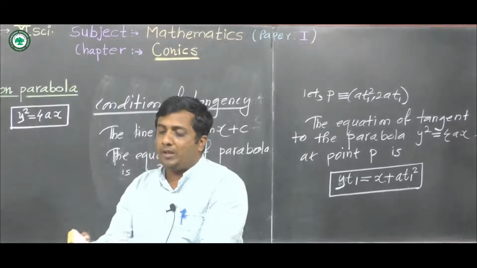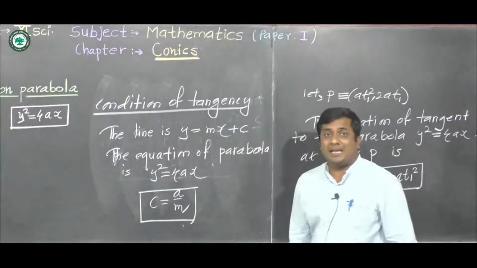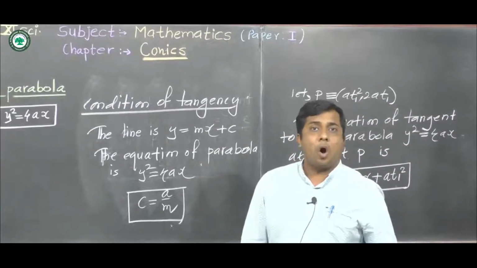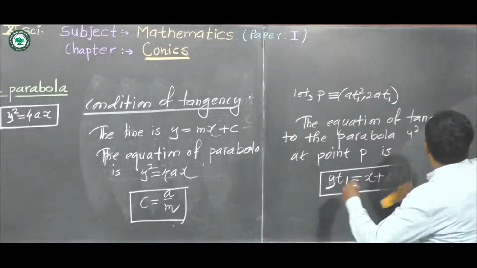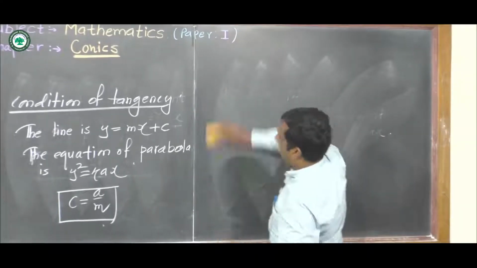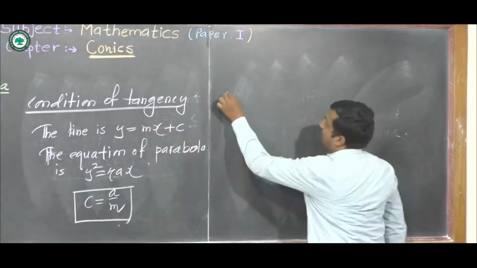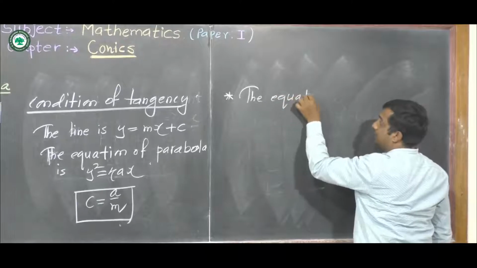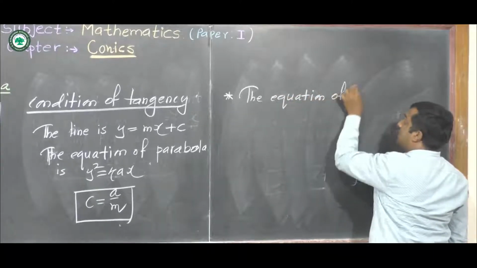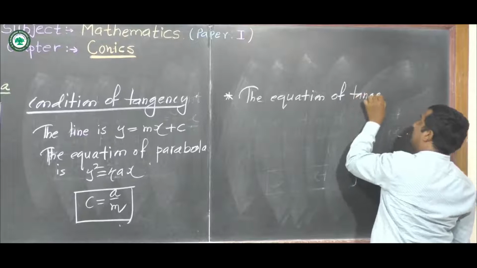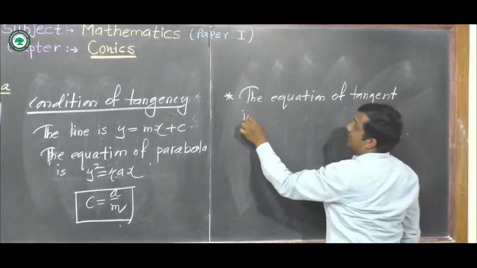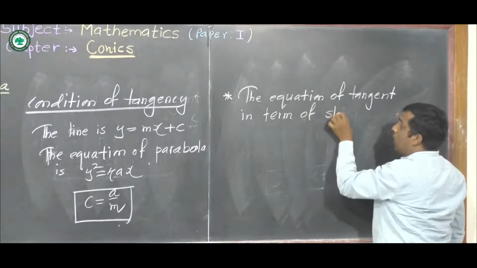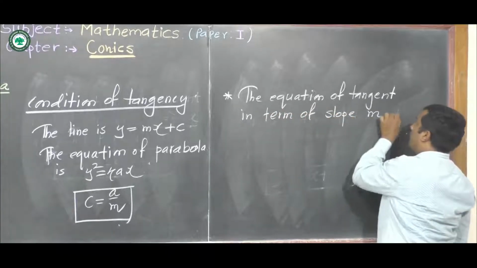Now we go with the next definition, in which we define the equation of the tangent in terms of slope m.